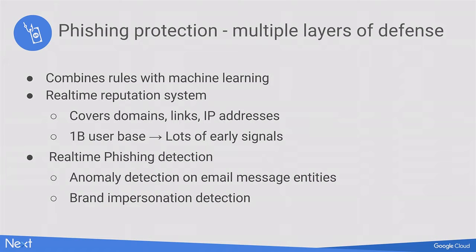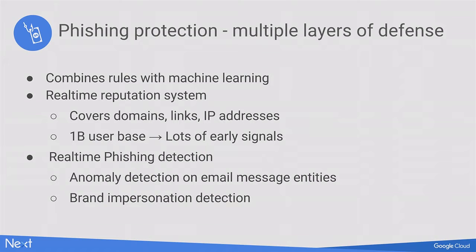We have a detection mechanism that combines both rules written by security analysts with machine learning models. We have a real-time reputation system, which is a database maintained in real time that covers domains, links, and IP addresses.